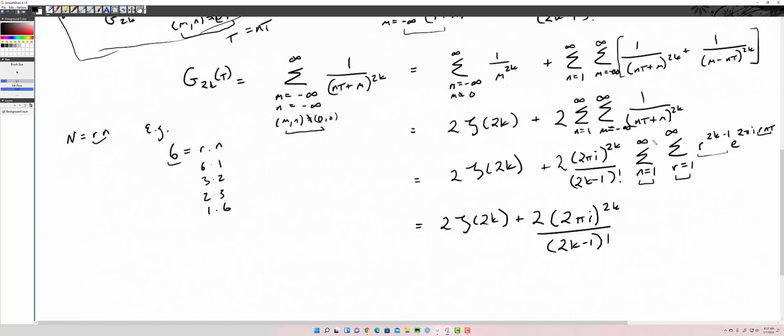But what am I doing if I'm looking just at one of these columns, specifically r? I'm considering all of the divisors of 6, right? And then I'm plugging them into this function of r. So what I'm doing is I'm considering all divisors, looking at the sum of all divisors of n to the 2k minus 1.